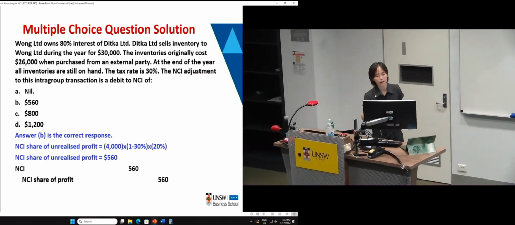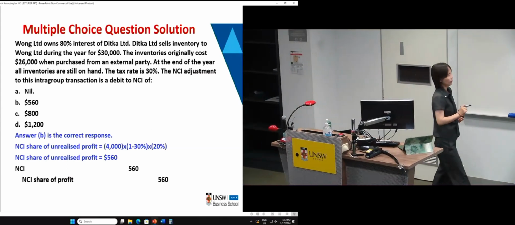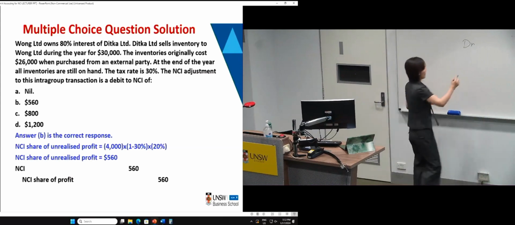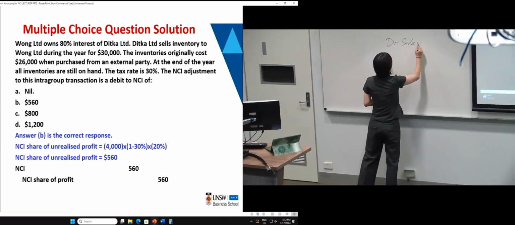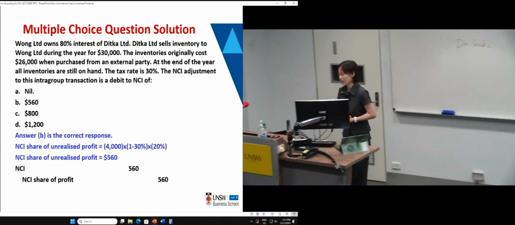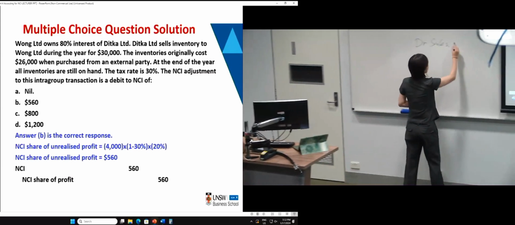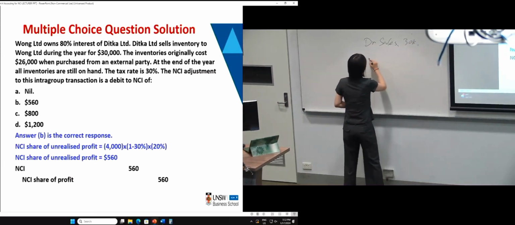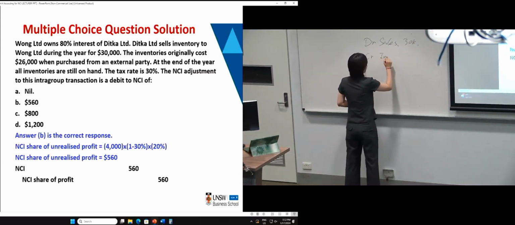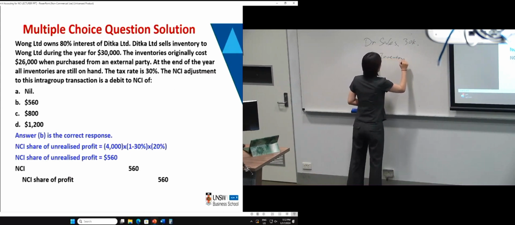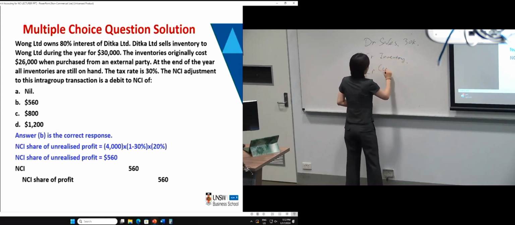It's a current year transfer. The profit is not a general ledger account, so you debit sales 30,000, right? Credit inventory, credit cost of goods sold.